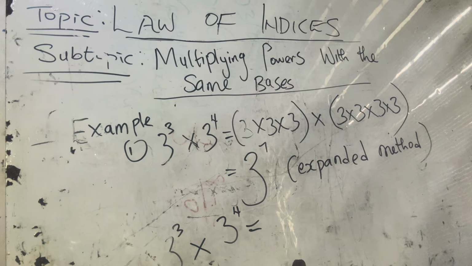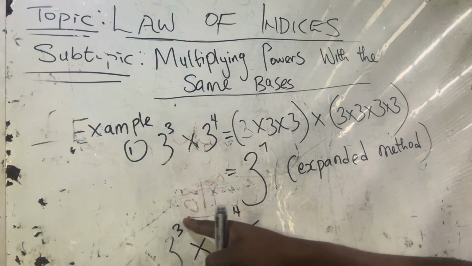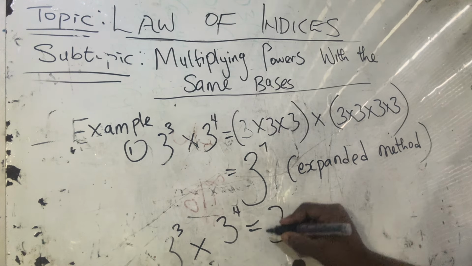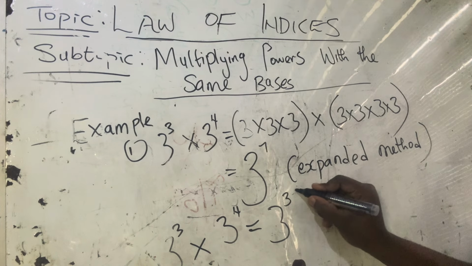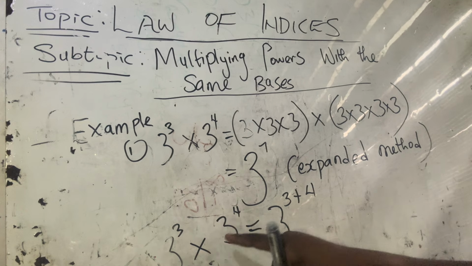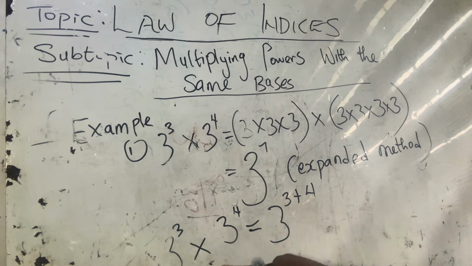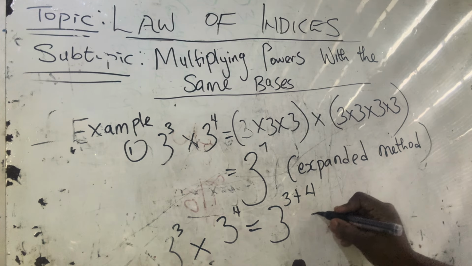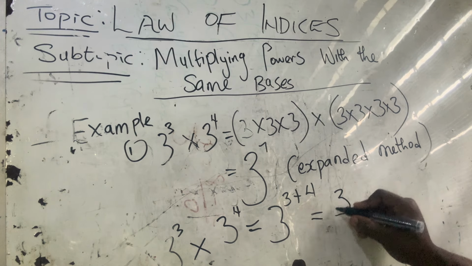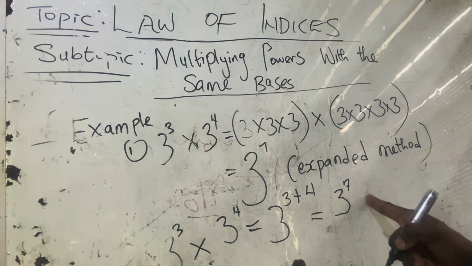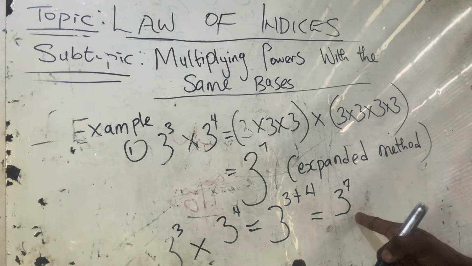Now this multiplication sign means addition, so we are going to be adding the powers together by writing out the base, which is 3 raised to power 3 plus 4. The reason why I'm adding these powers together is because multiplication sign means addition under law of indices. So which will give us 3 raised to power 7. So this is the short method of solving the question.